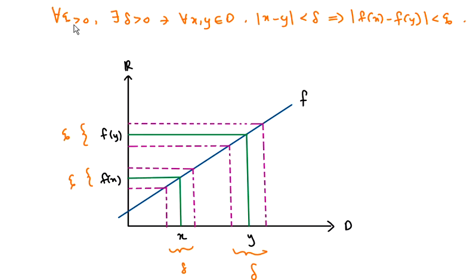Now for each epsilon greater than 0, we need to choose epsilon, any value of epsilon which is greater than 0. There exists delta greater than 0. Now we need to choose the two values x, y on domain D. So x maps to the equation of the line of f, so we get fx, and then y maps to this line, we get fy.